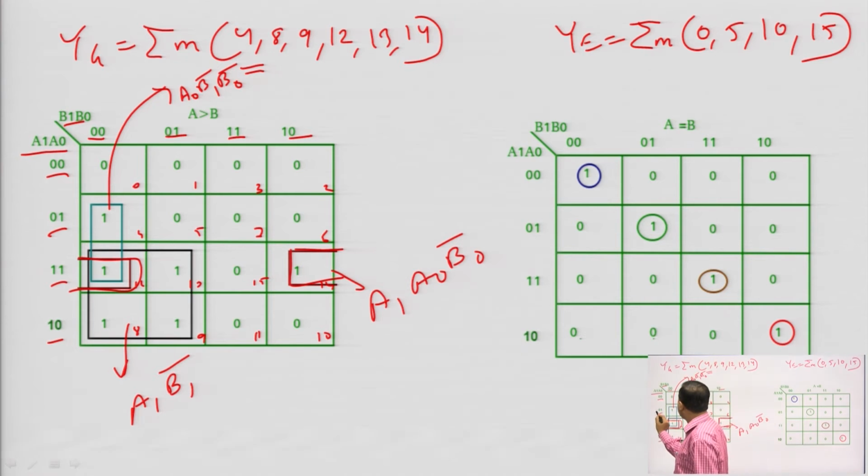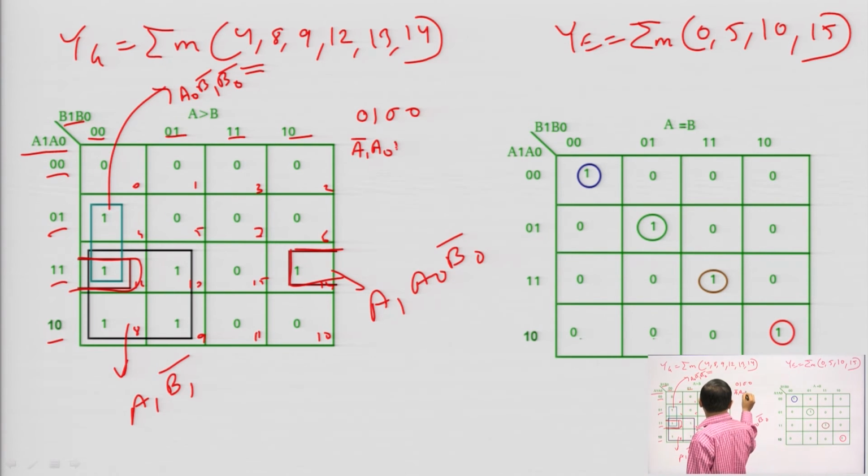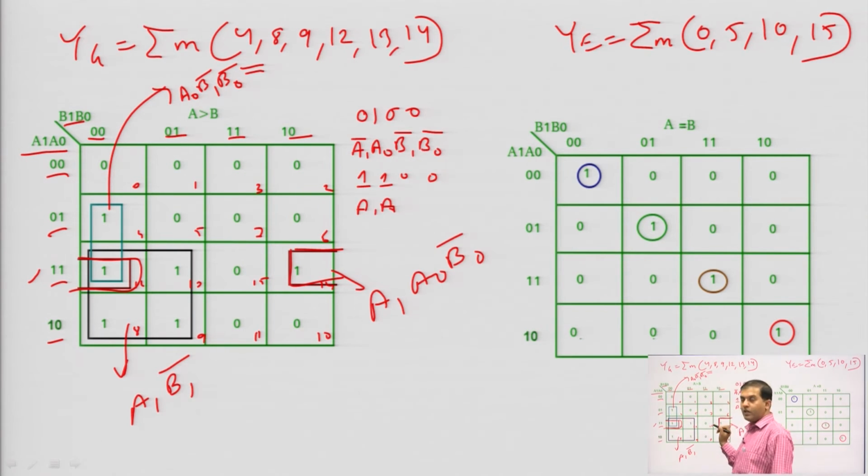See, this is nothing but 0 1 and this is 0 0, meaning A1 bar A0 B1 bar B0 bar, and this is nothing but 1 1 0 0 1 1 0 0, meaning A1 A0 A0 B1 bar B0 bar. So, what is common in this case? See, these two have A0 B1 bar B0 bar. Okay, clear?